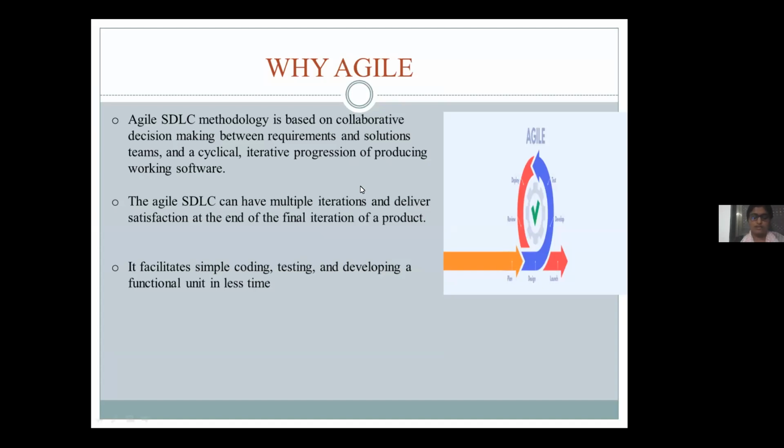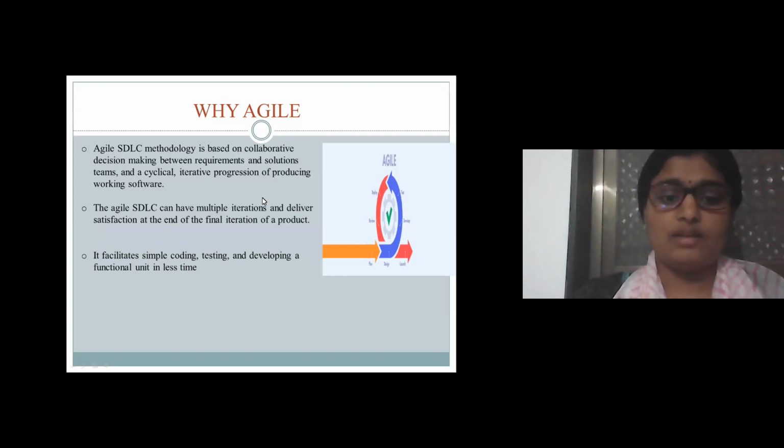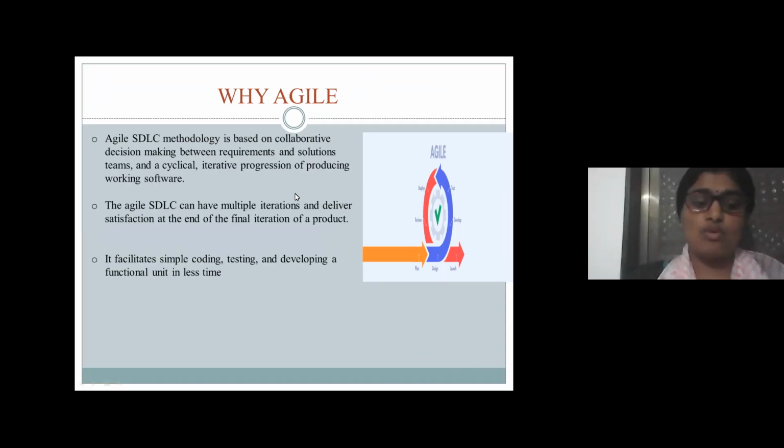For a large project, the agile STLC can have multiple iterations and deliver satisfaction at the end of the final iteration of the product. For example, agile model is better than waterfall model because agile has more room to change the direction as the project develops.